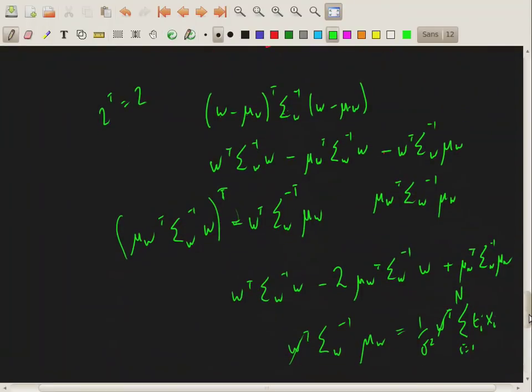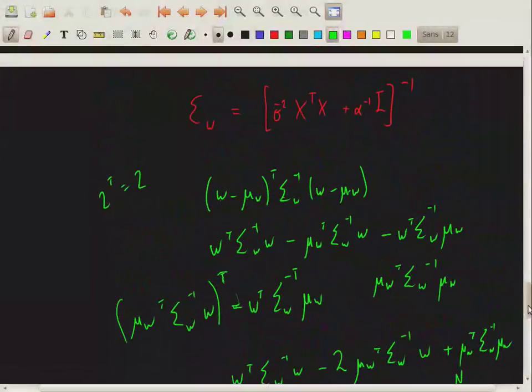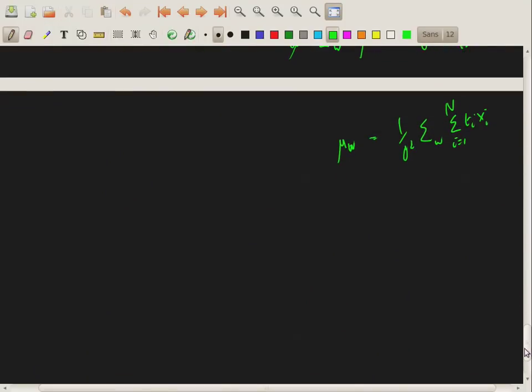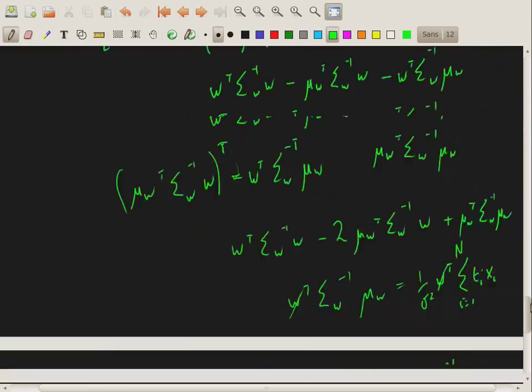Now the final thing I want to note, we're overrunning slightly, but just since we're there, let's write down what sigma W was, which was x transpose x divided by sigma squared, isn't it? Yeah.